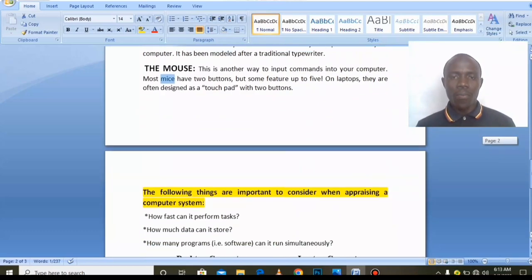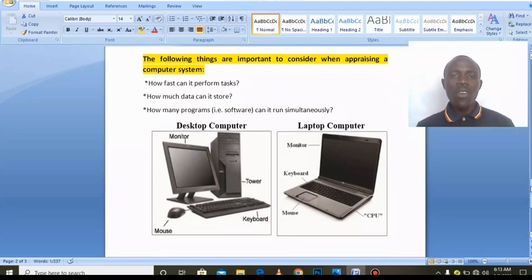If we continue, the following things are important to consider when appraising a computer system. Every time you are looking for a computer system, maybe you want to buy a computer system or a computer component, these are some of the important things you have to consider. One, how fast can it perform tasks?